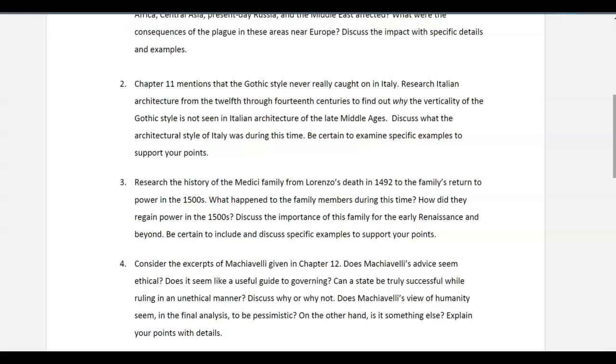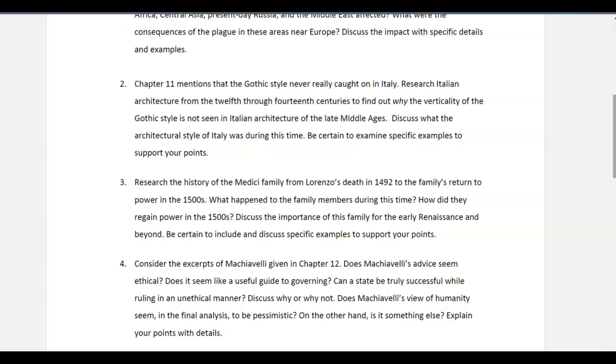Chapter 11 talks about the Romanesque style of art and architecture, especially architecture. The Gothic style, which was more northern Europe, never really came into Italy, especially area from Florence to the south. So I want you to research Italian architecture from the 1100s to the 1300s, that's the 12th to the 14th century.